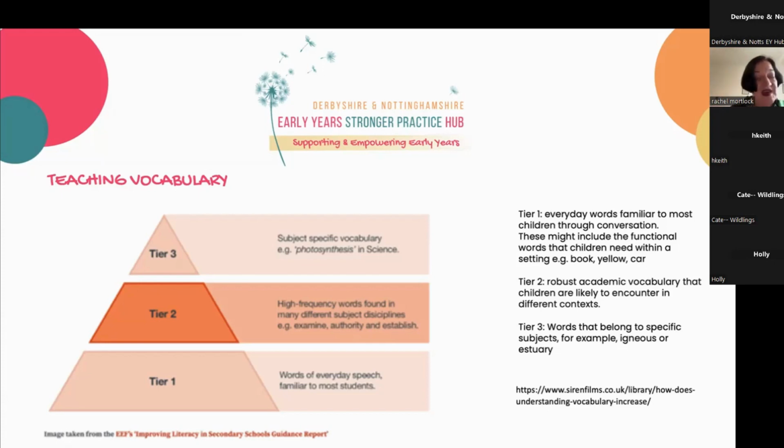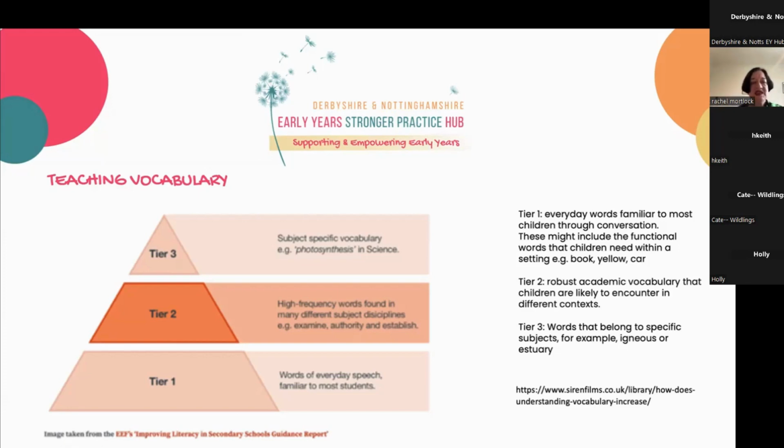Now, whenever you start reading about this, there's quite a lot of debate about what's a tier 1 or a tier 2 word. But we're thinking about supporting children to understand that words can have different meanings in different contexts. So drive would be a word that might be driving in my car, but I would have a drive or a driveway on which I could park my car. So there are lots and lots of words in the English language which have a different meaning depending on the context that they're in.